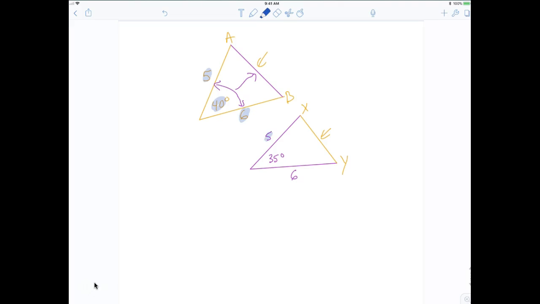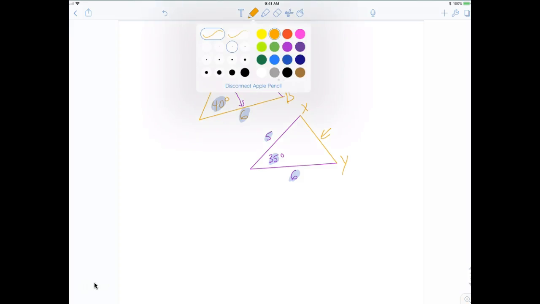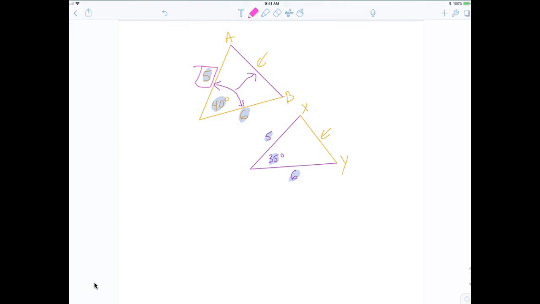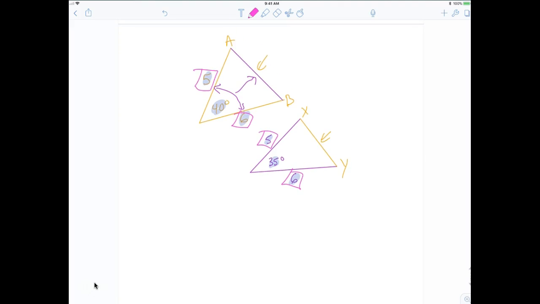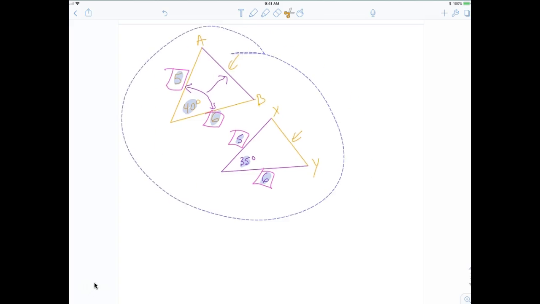The only way this will hold true is if this number right here, listen carefully, is equal to that, and this is equal to this. Now, here's where the key comes in. Obviously, that's not going to hold true if I do what?